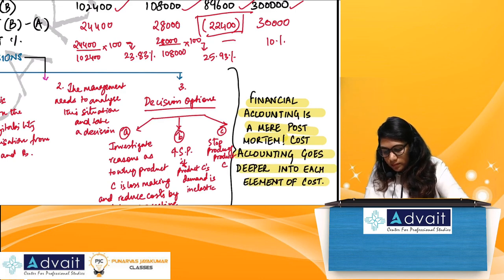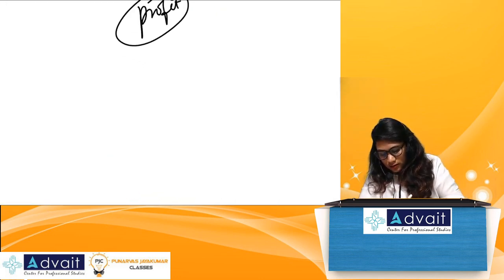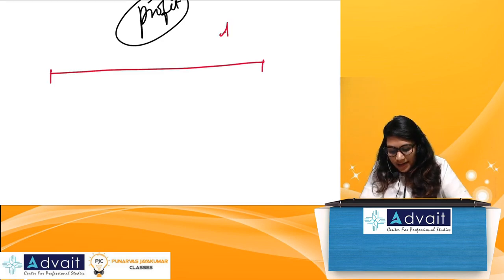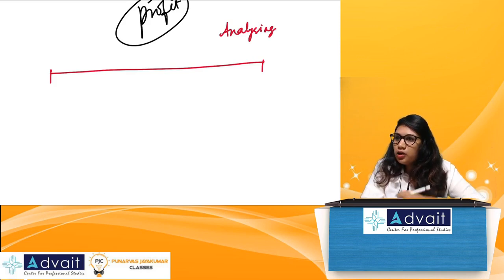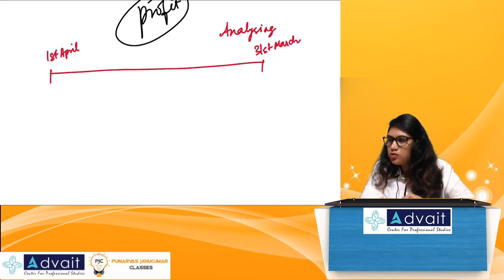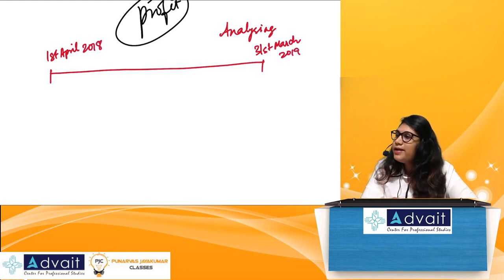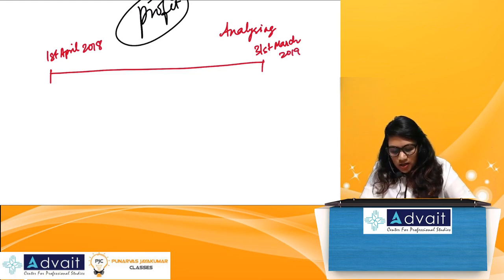So in costing, throughout the year, you are analyzing. Correct? So if this is 1st April and this is 31st March, say this is 2018, this is 2019, financial accounting begins here.